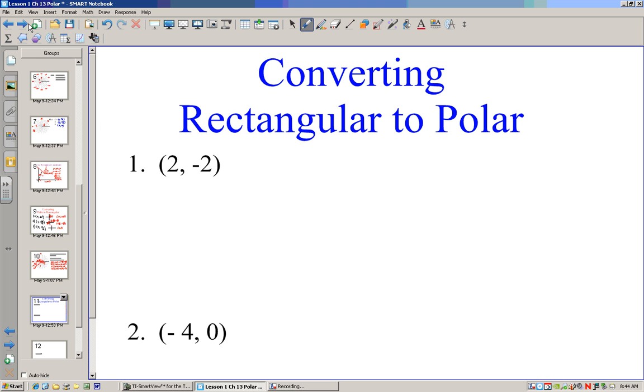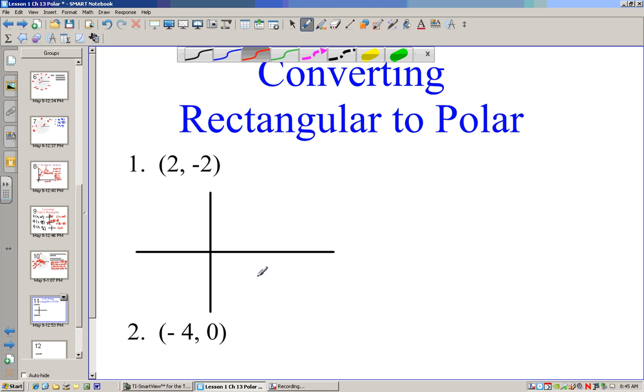Now going from rectangular to polar, if we go 2 to the right and 2 down, this hypotenuse is 2 root 2.